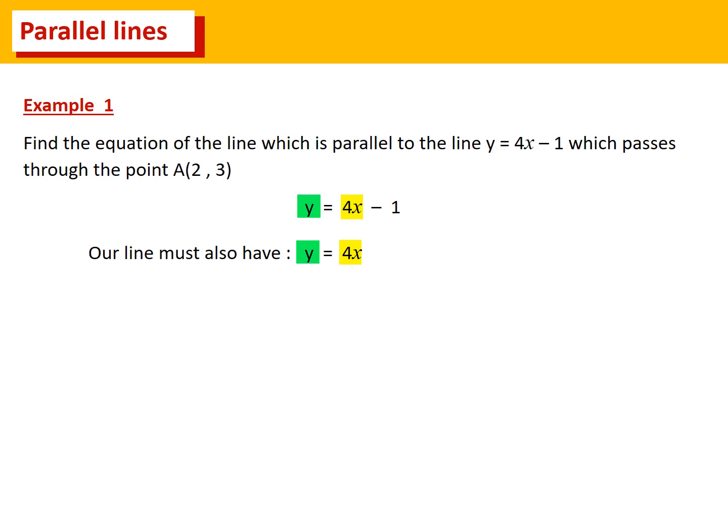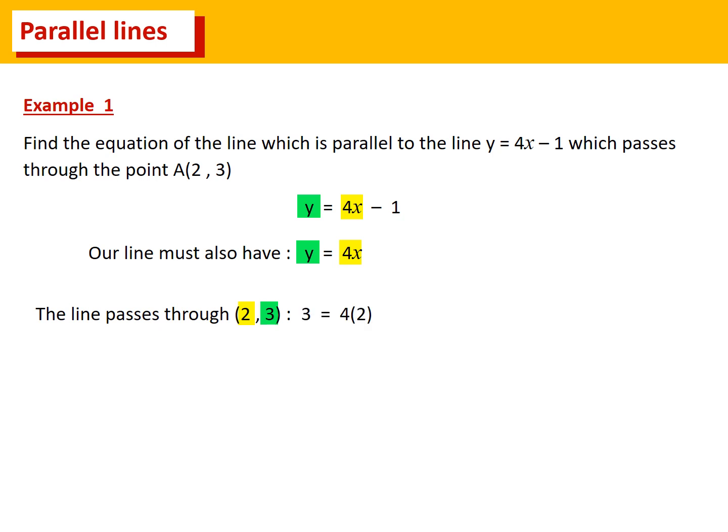Now, for the number, we have to use this information here, that when x is 2, y equals 3 on this parallel line. So we substitute the values of y is 3 and x equals 2 into our equation.